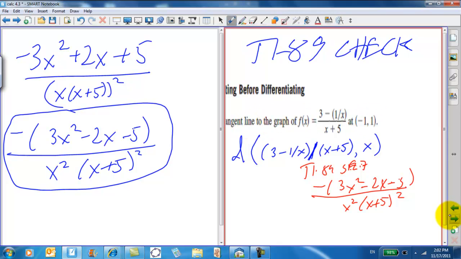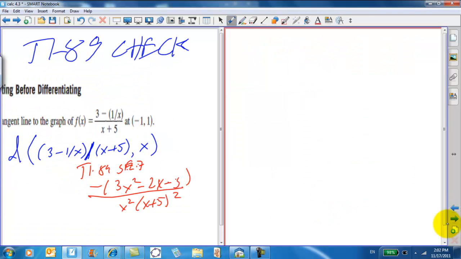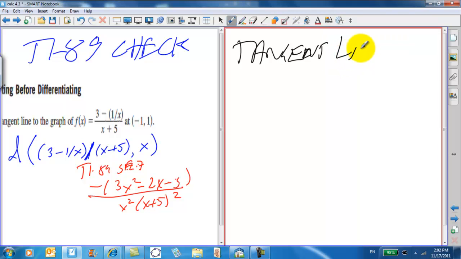So we've got to do two things. That is, first to actually come up with the tangent line. To use our point slope, we need two ideas. We need the slope of the tangent line, and that'll equal the derivative at negative 1. So put negative 1 into our new formula.